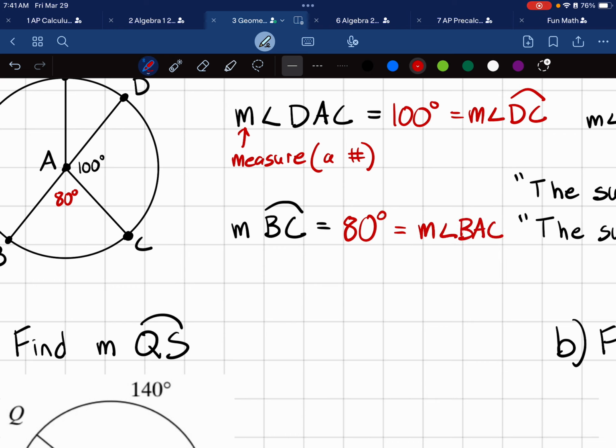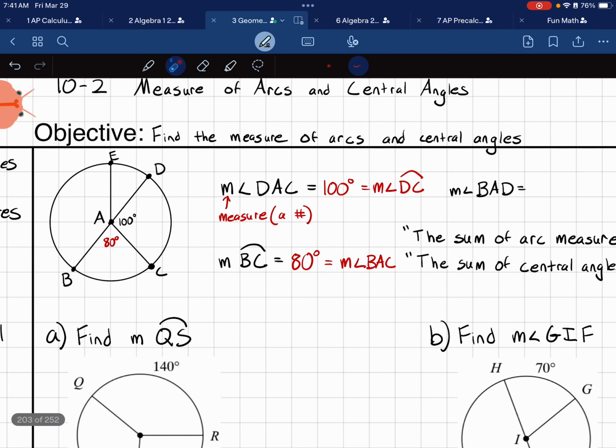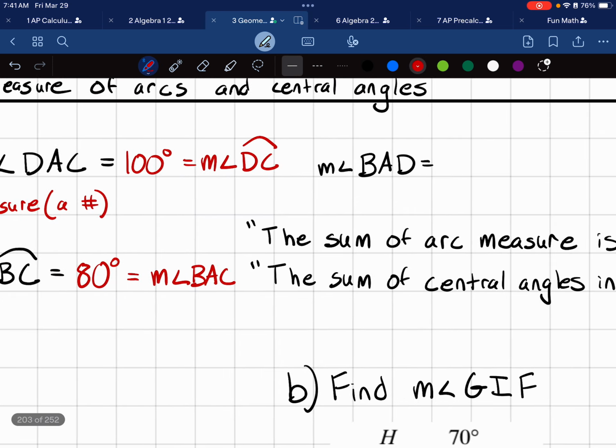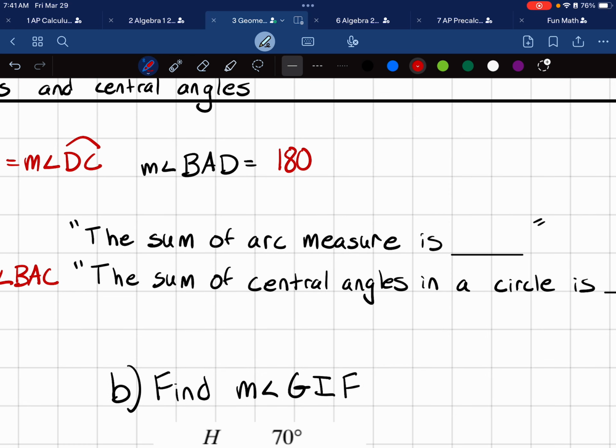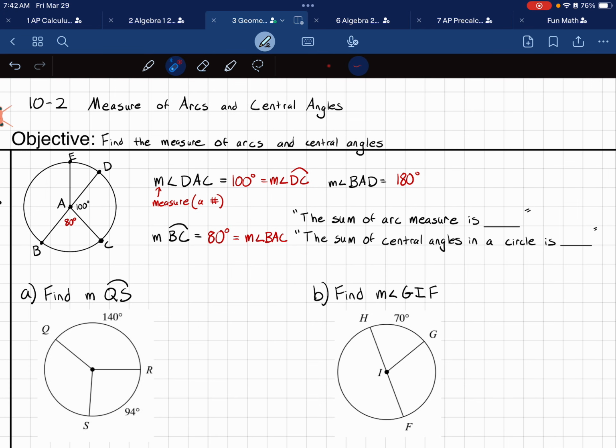Just to make sure that we understand, I already said this out in words, but I'm going to write it down now. This line here is a diameter, and diameters always have an angle of 180 degrees. This is something that you probably already know, but I'll write it down to make sure we have it as explicit knowledge. If I add up all of the arc measures, so if I add up the entire circumference, I have rotated how many degrees from here to here?